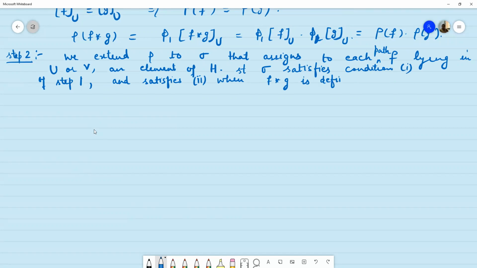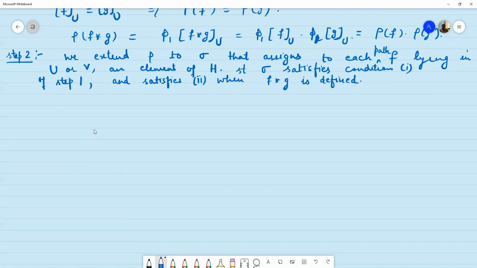Because in the first step, F and G both are closed paths based at x0, so F star G is always defined. But here we are taking F and G to be any paths lying in U or V. That means F star G is defined only when the endpoint of F is equal to the starting point of G. So whenever this is defined, condition 2 is also satisfied here.